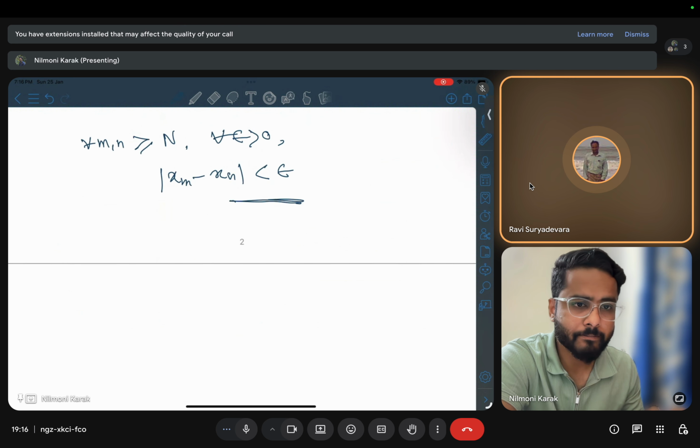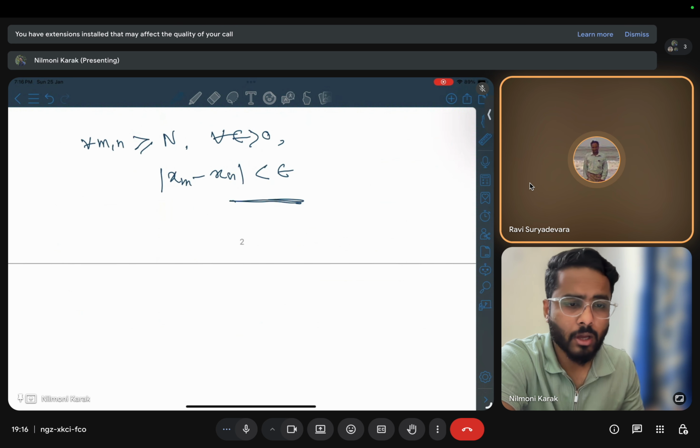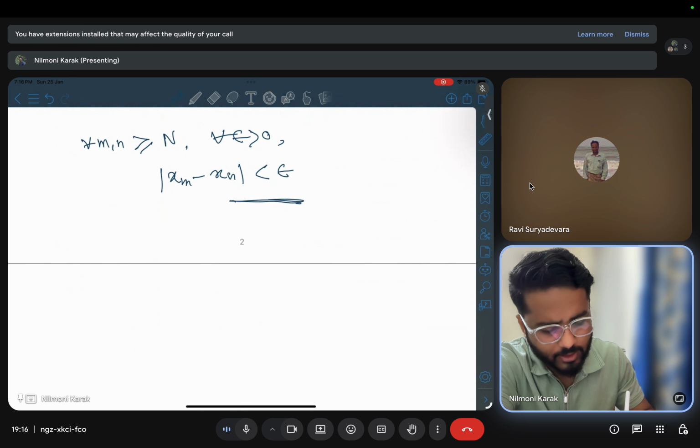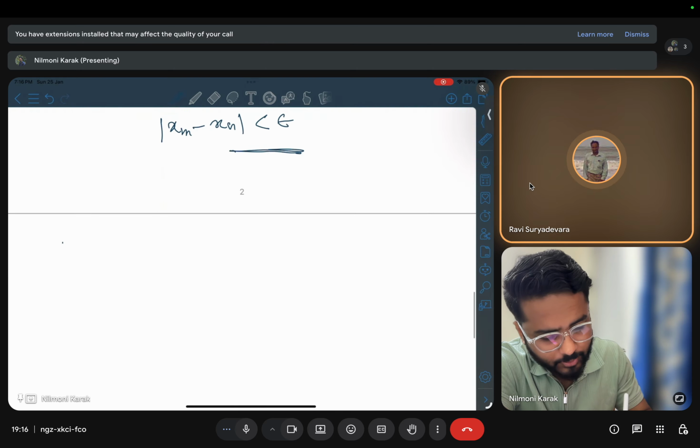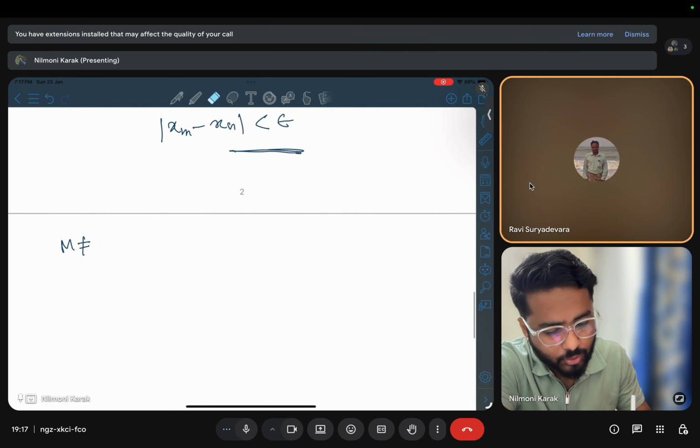Metric space also you can explain briefly. What do you mean by metric space?